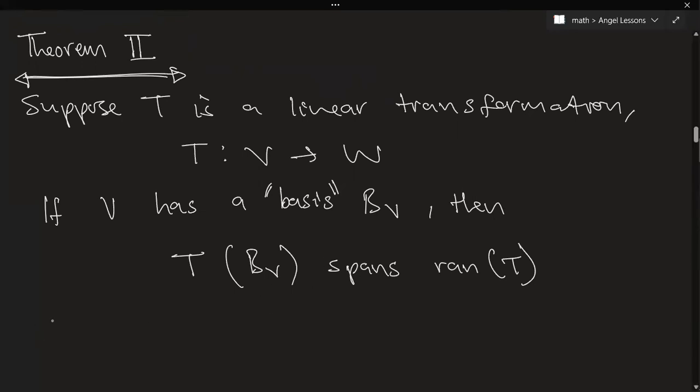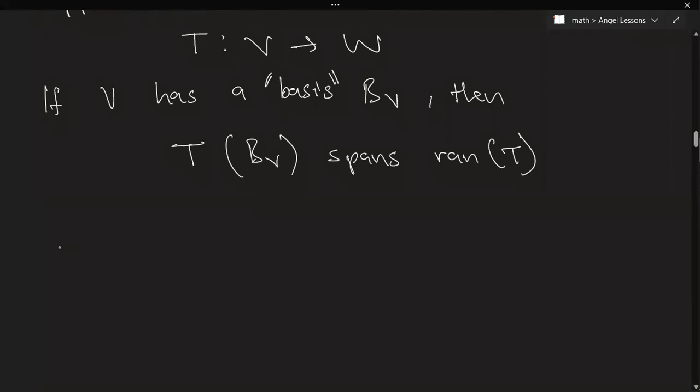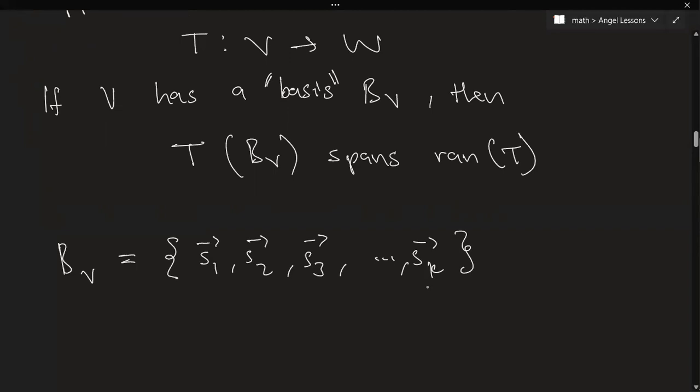What we refer to as a basis of V is just a set of vectors which I can refer to as S1, S2, S3, up to Sk, which are such that every other element in V can be written as a linear combination of these. That's how we understand what a basis is. If you take linear combinations of the basis elements, they produce each and every element in that vector space.